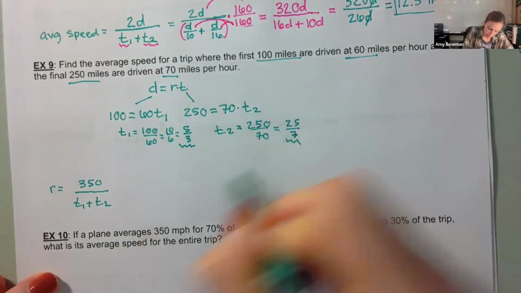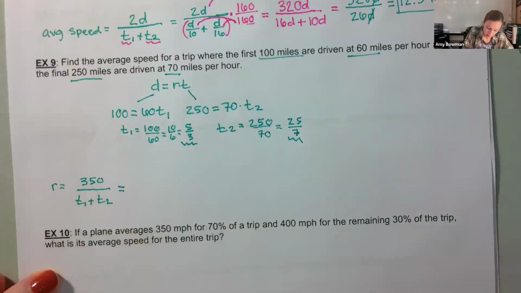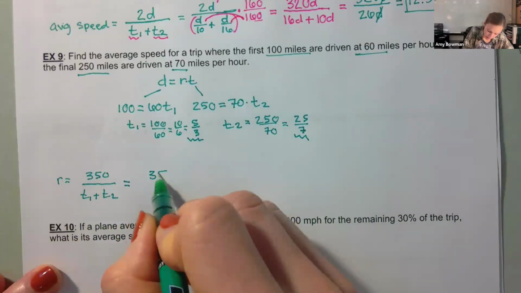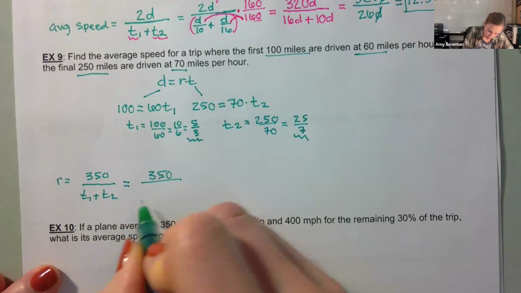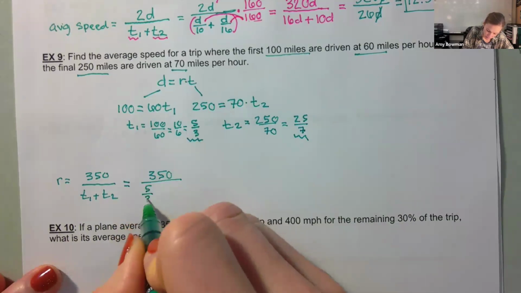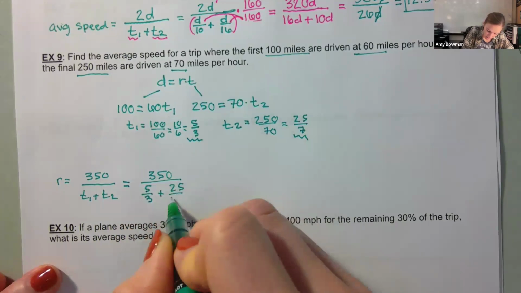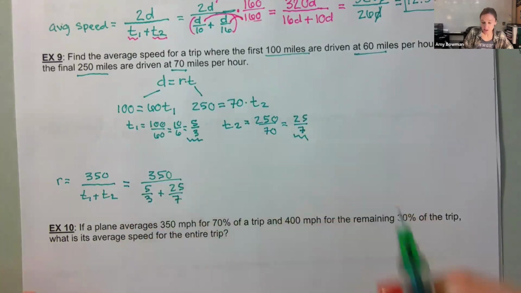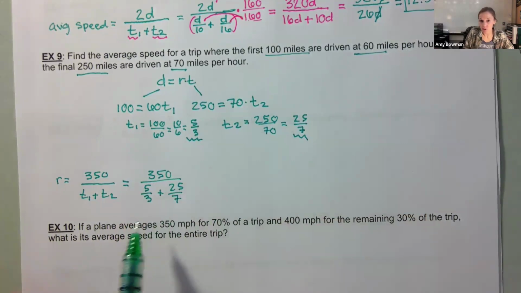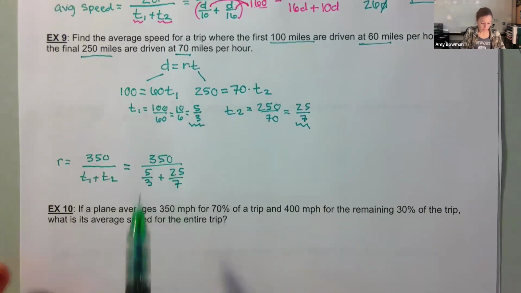So down here, when we want to find our average rate, we've got 350 divided by 5/3 for T1 plus 25/7 for T2. This one's nice because I don't even have a variable here. We just need to simplify this.